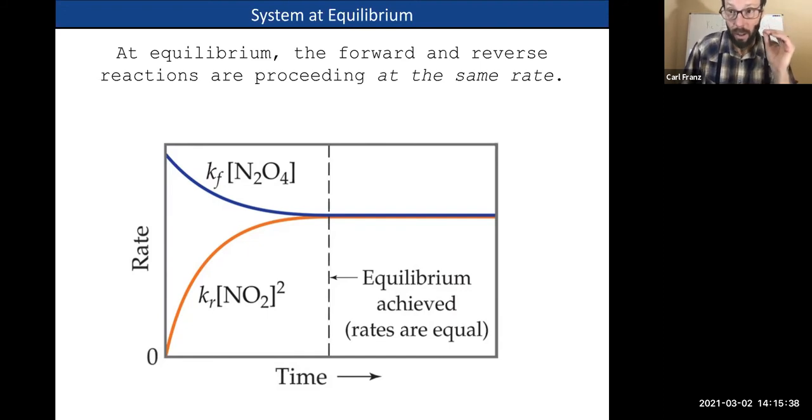Now, if we plot, instead of the concentration over time, the rate over time, the rate at which dinitrogen tetroxide is decreasing and the rate at which nitrogen dioxide is increasing, when they meet and come together, that's the equilibrium. And remember, the rate is the same. So these two lines should intersect, because they've reached an equal rate. This is a graphical way of representing equilibrium. Maybe doing a better job than me trying to explain it with words.